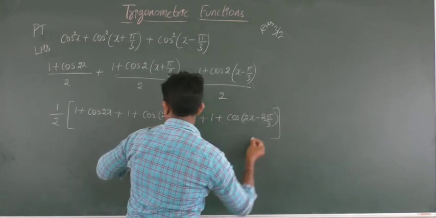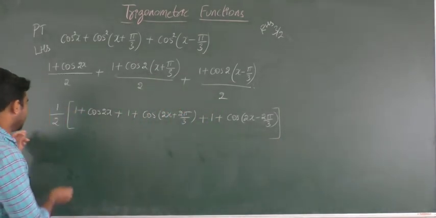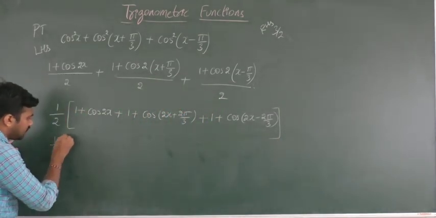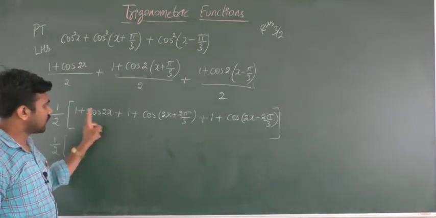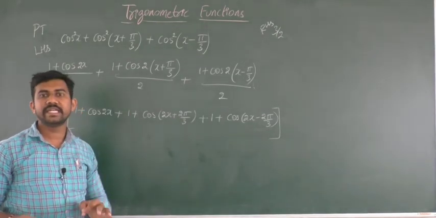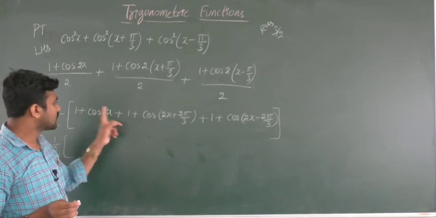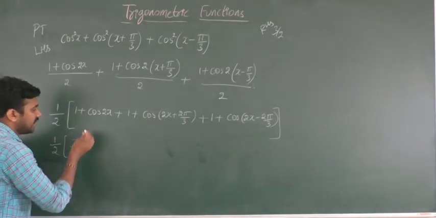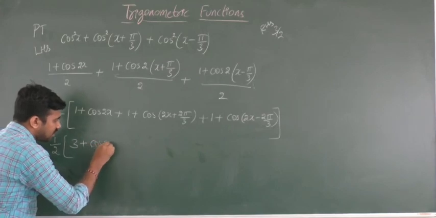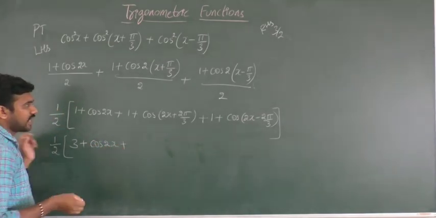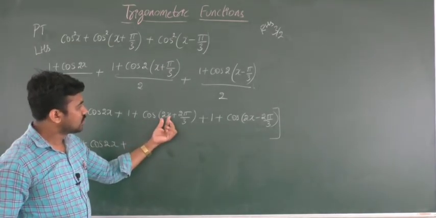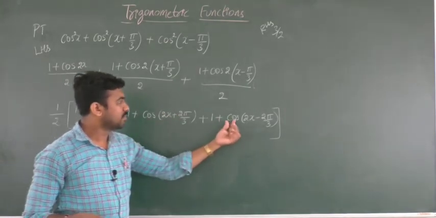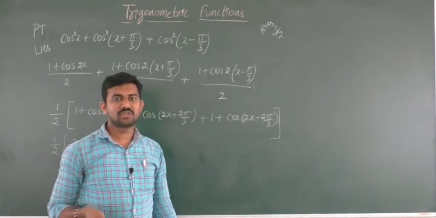Now inside the square bracket we have the numerical values 1, 1, 1, three times added, so 1 plus 1 plus 1 is nothing but 3, I can write. Similarly, cos 2x I will keep as it is, but we have here cos of 2x plus 2 pi by 3 plus cos of 2x minus 2 pi by 3.